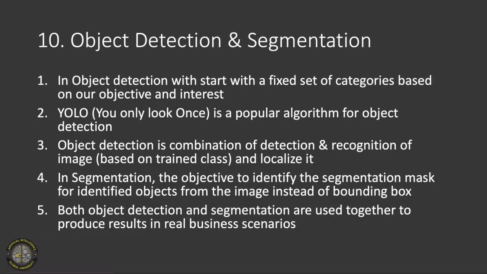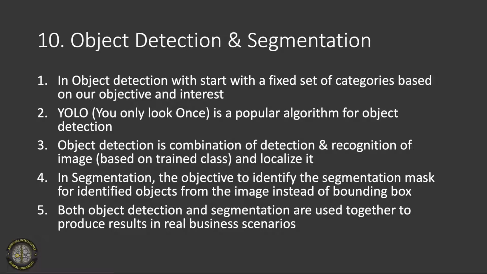YOLO, which stands for You Only Look Once, is a very popular algorithm for object detection. There are some pre-built models available based on YOLO version 2, 3, and the latest, which have the ability to identify over hundreds of objects in the image. So object detection is a combination of detection and recognition of the image. It detects and recognizes based on the trained class, and then localizes it, so it also knows where that object is in the image.